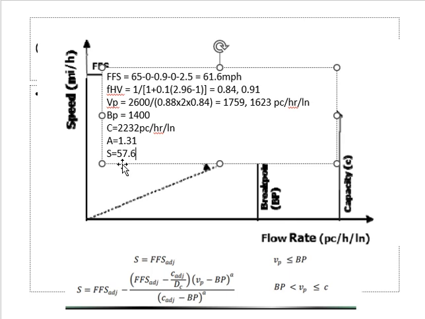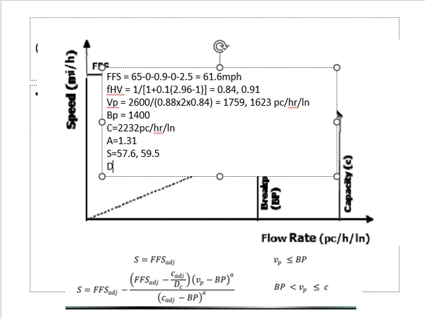So you just now change the flow rate. The next step will be speed upon flow rate. Somebody can do that. Speed upon flow rate, how much? 59.5. Then density.